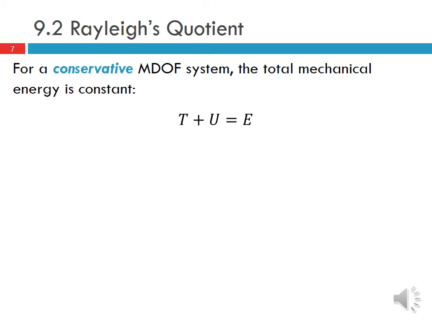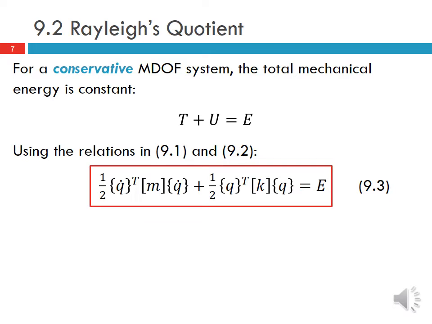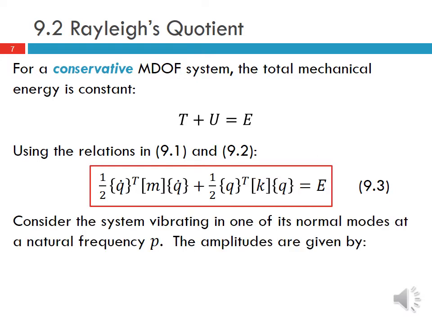So for a conservative multiple degree of freedom system, the total mechanical energy is a constant. So T plus U is equal to some constant amount of energy, E. So using the relationships for the potential and the kinetic energy, we can write this expression here. Now let's consider the system vibrating in one of its normal modes at a natural frequency p.